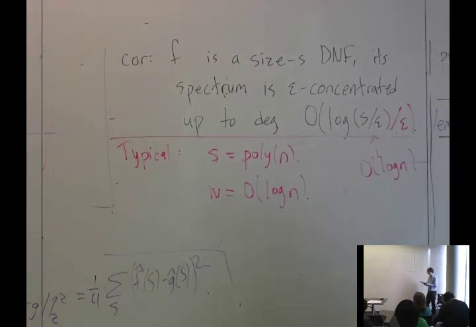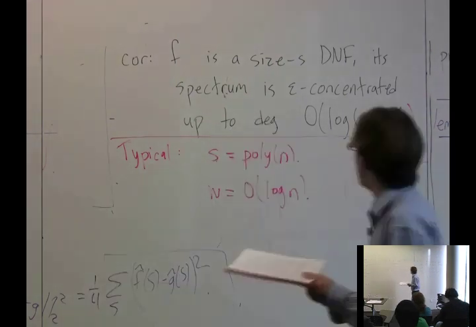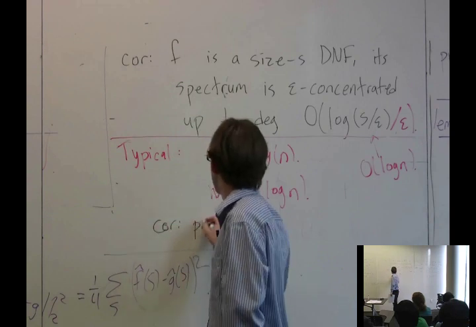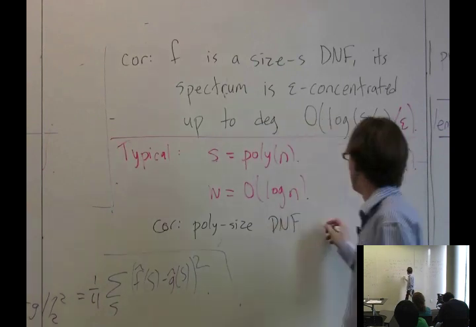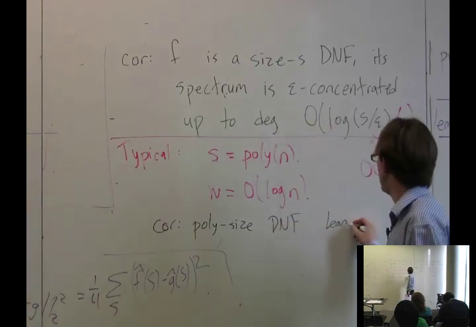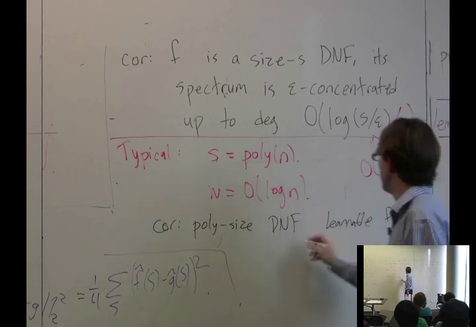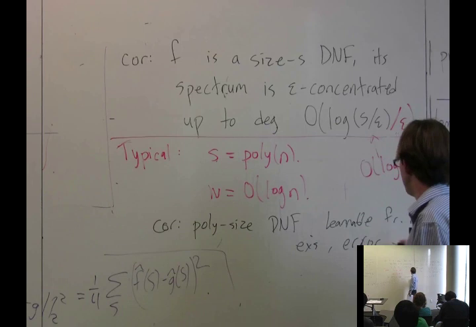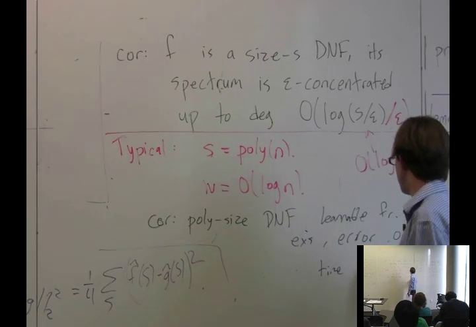All right, so for a similar reason, poly-size DNFs are learnable from random examples, with error 0.01, in time n to the O of log n.